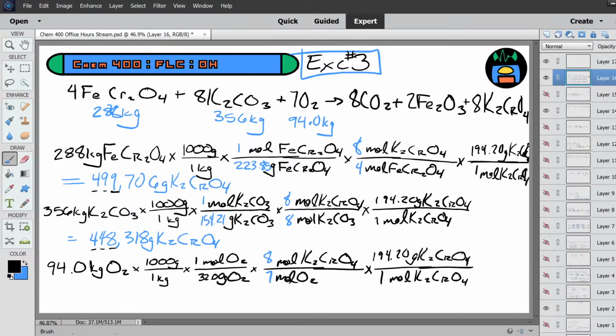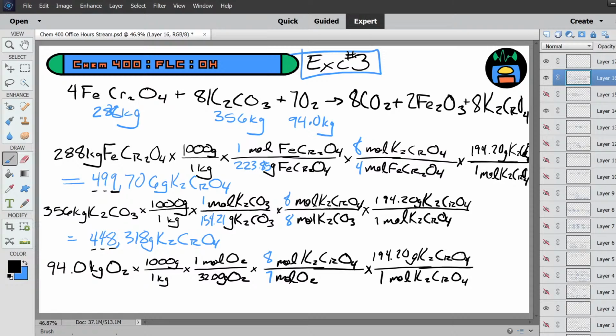At long last, we are ready to crunch these numbers. We got 94 times 1,000 divided by 32 times 8 divided by 7 times 194.2. Dang, that number's huge.